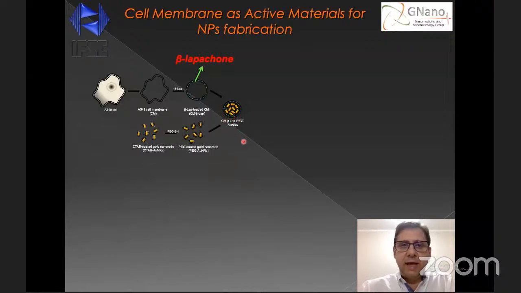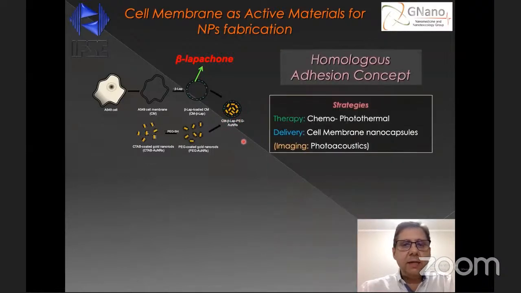But as I said in the previous slide, in this case we combined the photothermal therapy from the nanorods with chemotherapy, and the chemotherapy came from the chemotherapeutic beta-lapachone. Beta-lapachone is a very important chemotherapeutic, which is very efficient for cancer cell death.